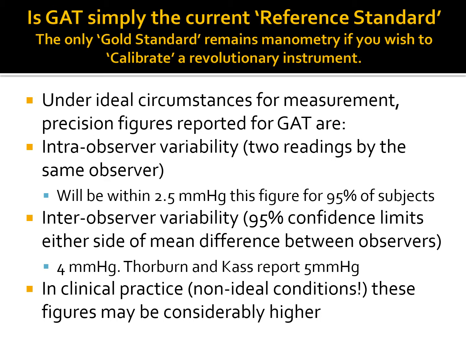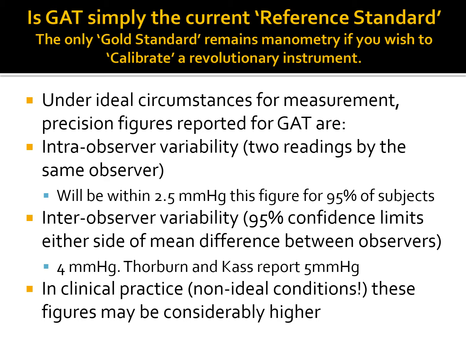Inter-observer variability could be 4 millimeters of mercury. There are two papers that have come up with that. Thorburn and Cass, though, reported plus or minus 5 millimeters. And as I say there, in clinical practice, they're not ideal conditions, and these figures may be considerably higher.